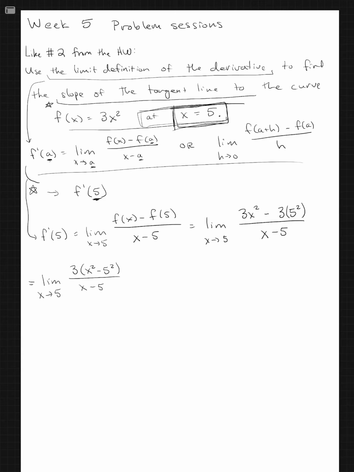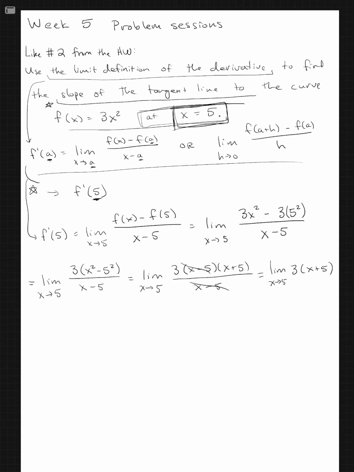and then we notice that the rest of the top is a difference of squares, right? So that's another thing that's pretty easy to factor once we get that 3 out of the way. The difference of two things squared is the difference of the two things times the sum of the two things, x minus 5 times x plus 5. The x minus 5 factors cancel out, and we're left with the limit as x goes to 5 of 3 times x plus 5.